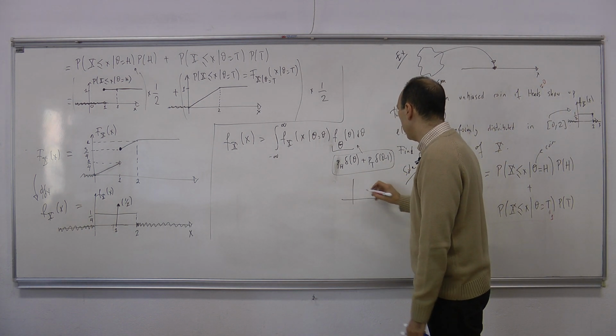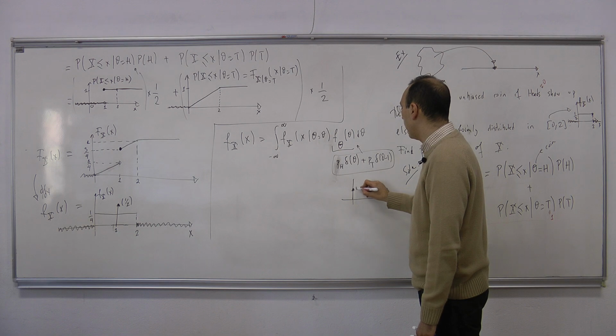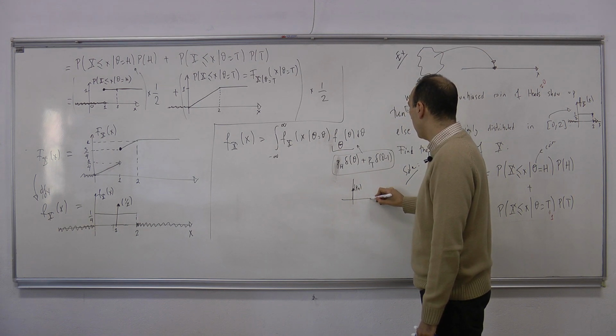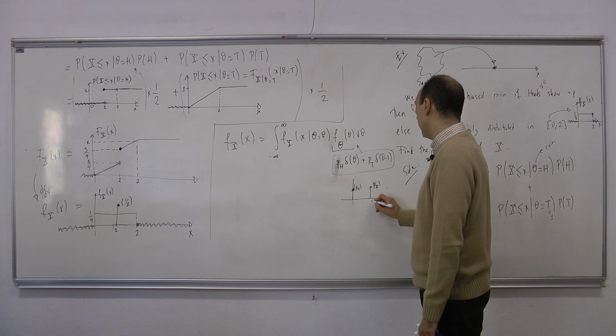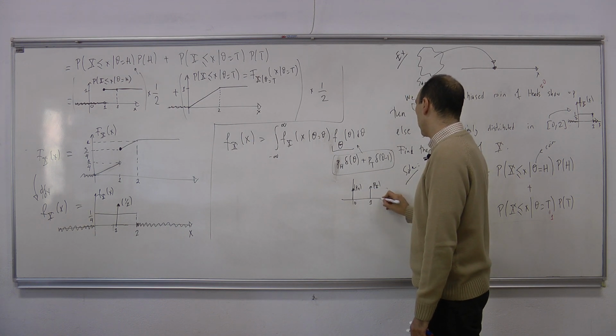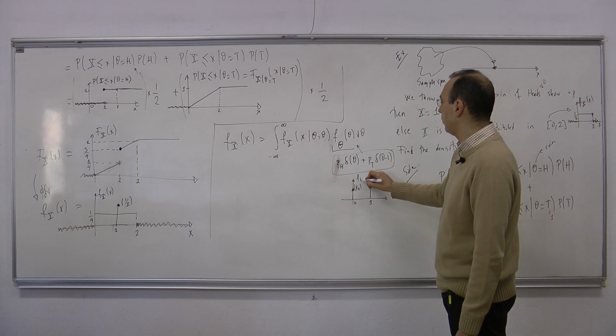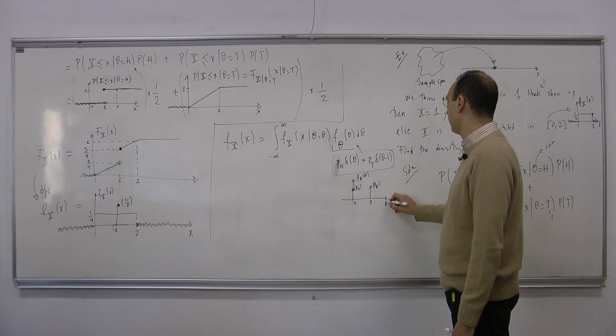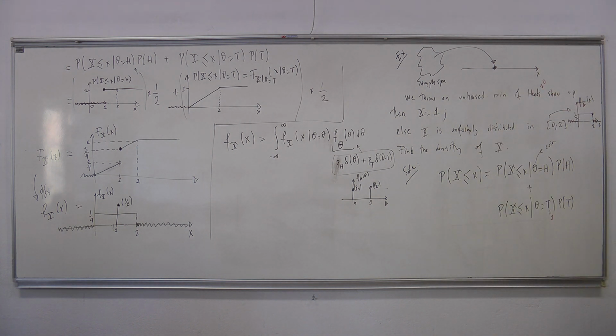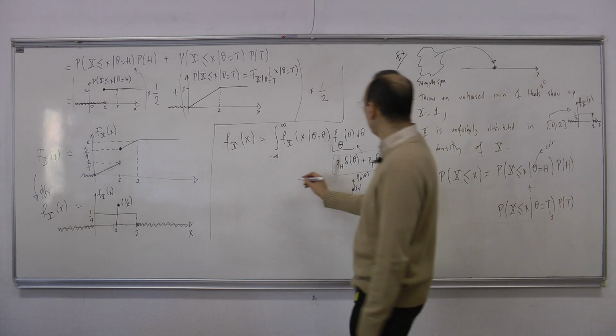So this density has probability of heads 1/2 at 0 and probability of tails again 1/2 at 1, and there are only 2 outcomes. Okay, this is the density f theta of theta.